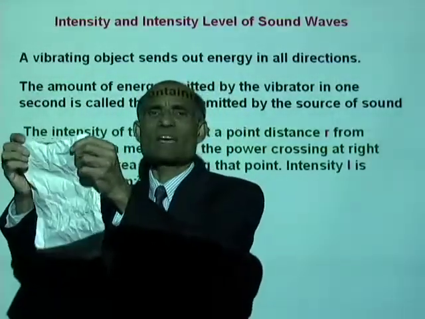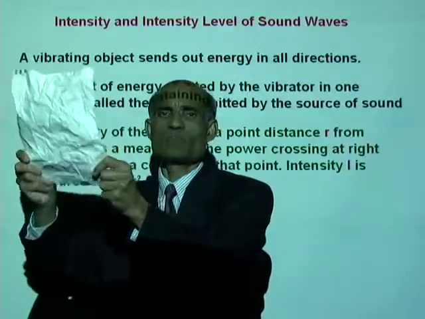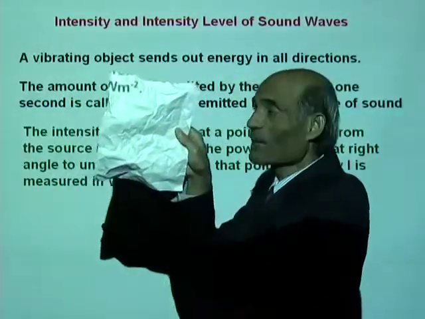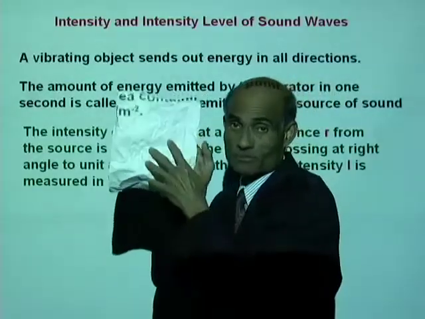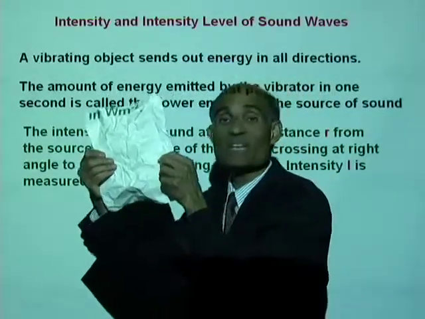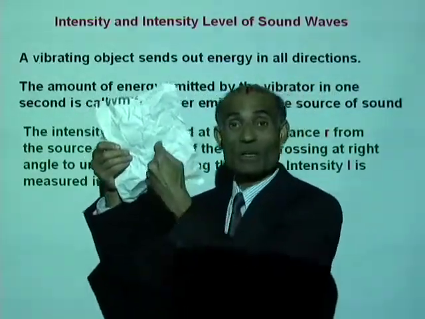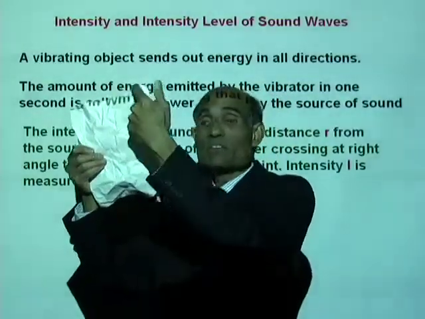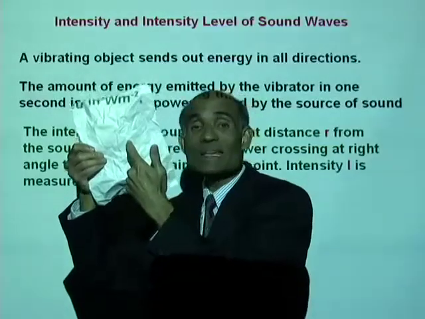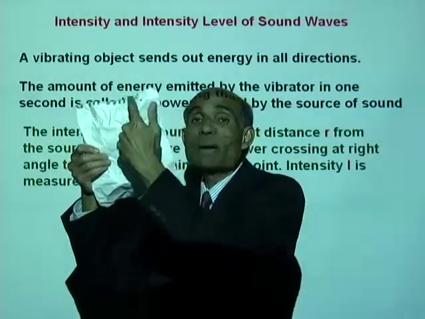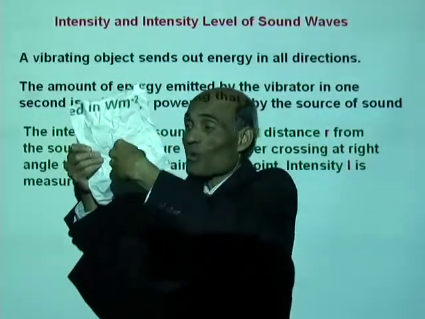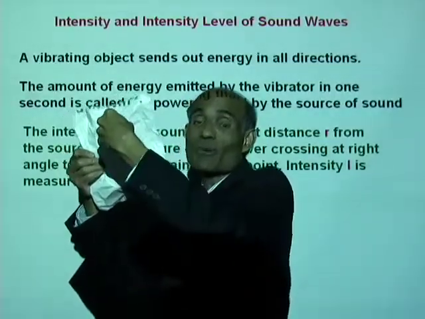Suppose this is the paper I crumbled some time ago. Suppose this is a unit area and I have an object vibrating in front of me. Now I want to find the intensity of that sound at a point here. All I need to do is take a unit area containing that point and measure the total energy crossing at right angles to that unit area.